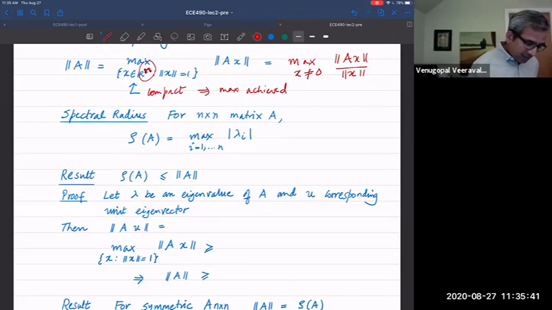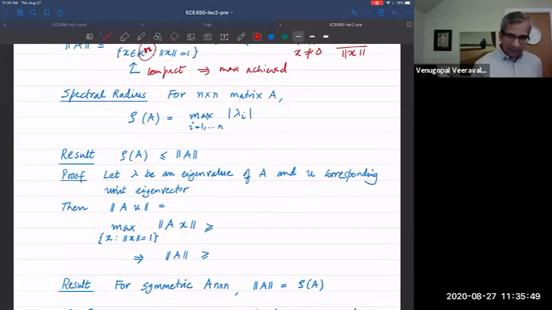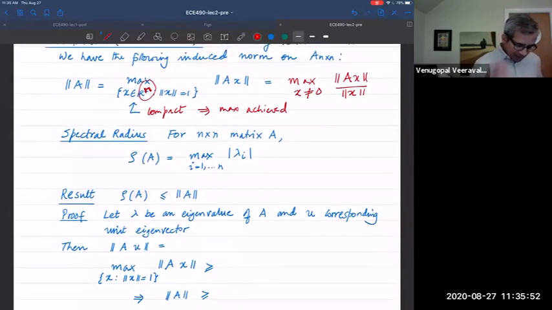Interestingly, there's a relationship between the spectral radius and the matrix norm. This result says that the spectral radius is always less than or equal to the matrix norm. So let's quickly prove this. Let lambda be an eigenvalue of A and U be the corresponding unit eigenvector.